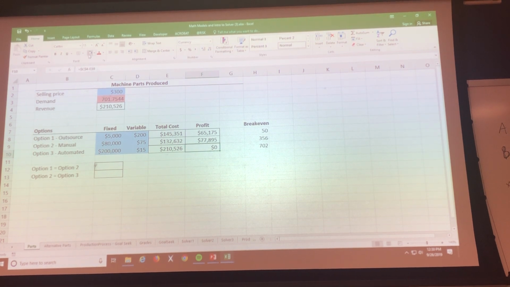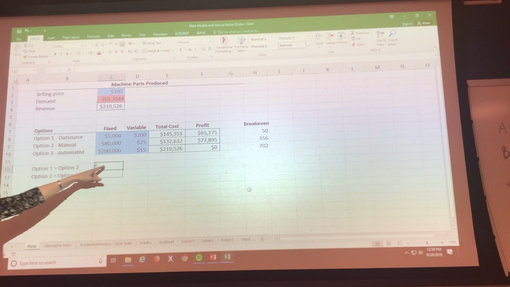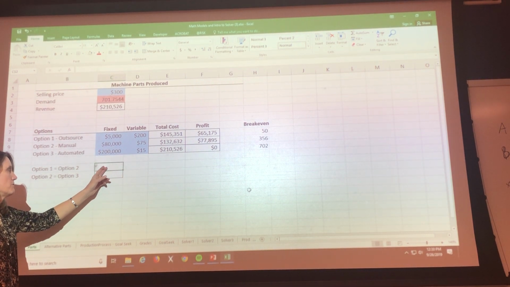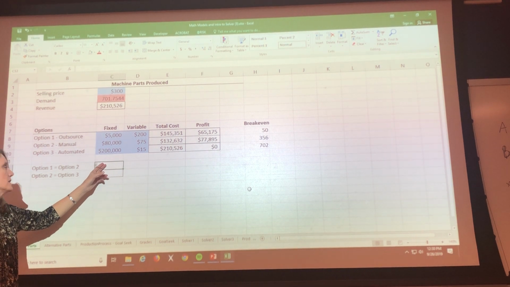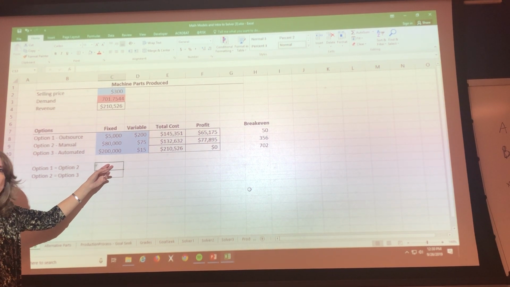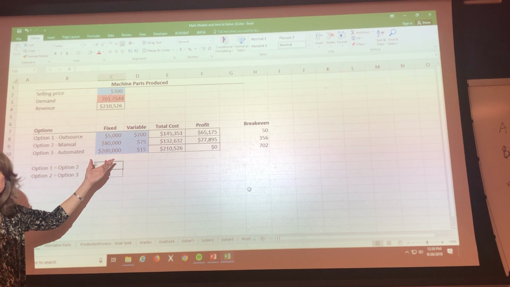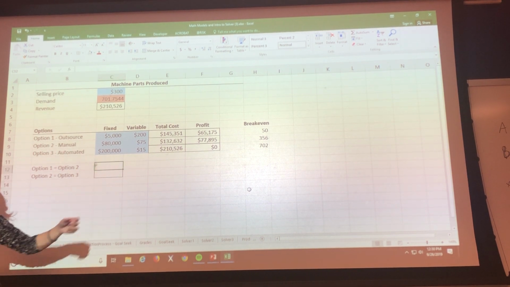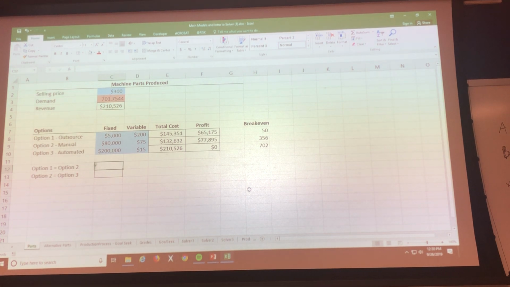by just doing a mathematical formula right here that we can then force its result to be a certain number in a goal seek, and it would tell us what the demand is that will make these 2 things equally attractive alternatives.